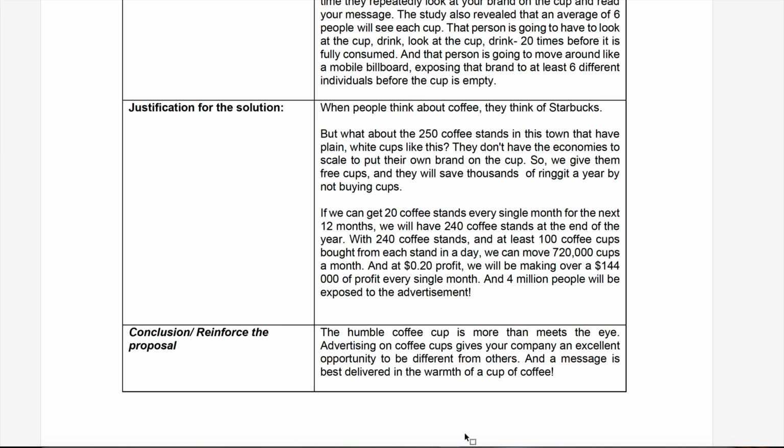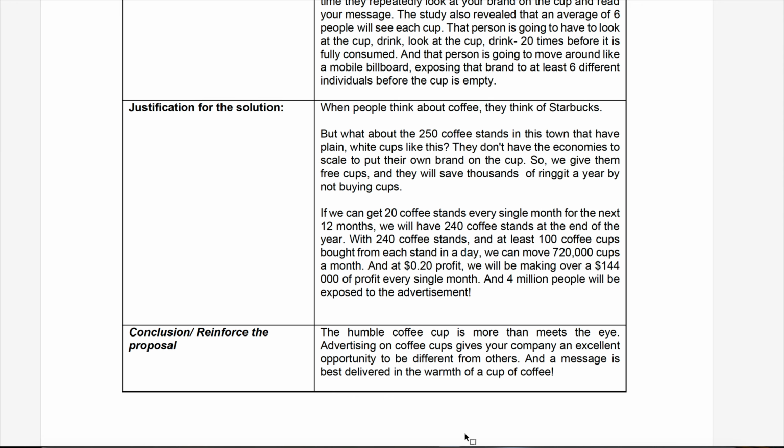But of course, some may argue that, well, not everyone looks at what is printed on their coffee cups, which is true. But imagine if they could sell roughly about 100 coffee cups a day, and out of that 100, 50 are actually looking at the advertisement, and out of that 50, 25 of them are influenced by it, or want to buy your product because of that advertisement.